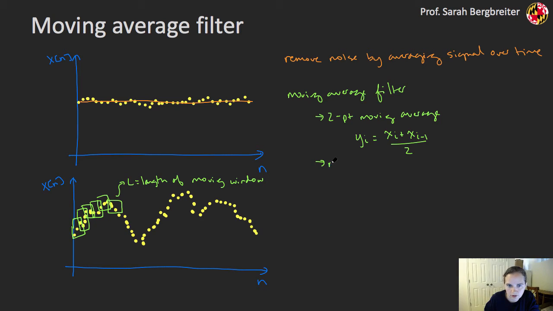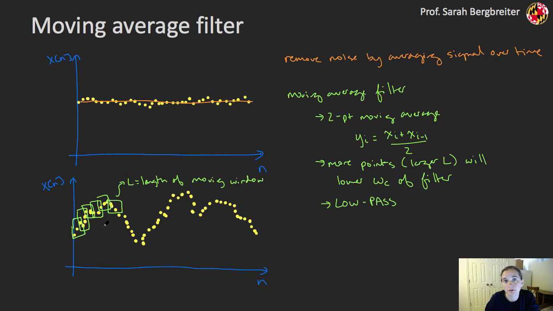As we mentioned earlier, taking more points or using a higher L will lower the corner frequency of my filter. And this is, of course, operating as a low-pass filter as well. It's removing the higher frequency components. It's not a great filter, right?